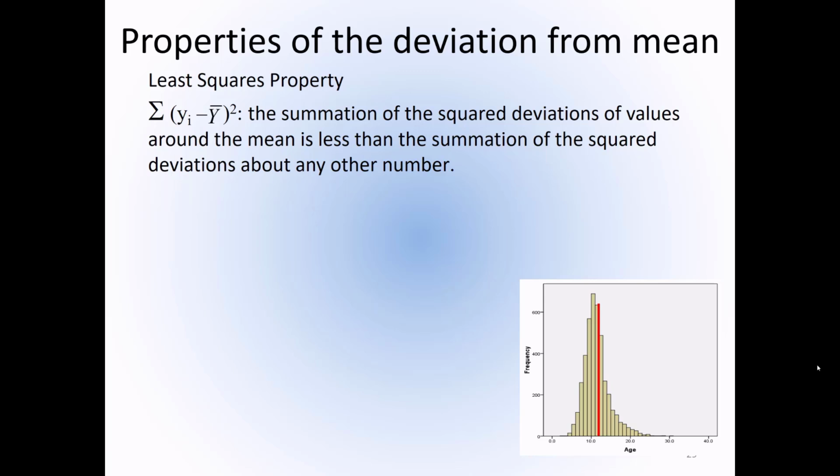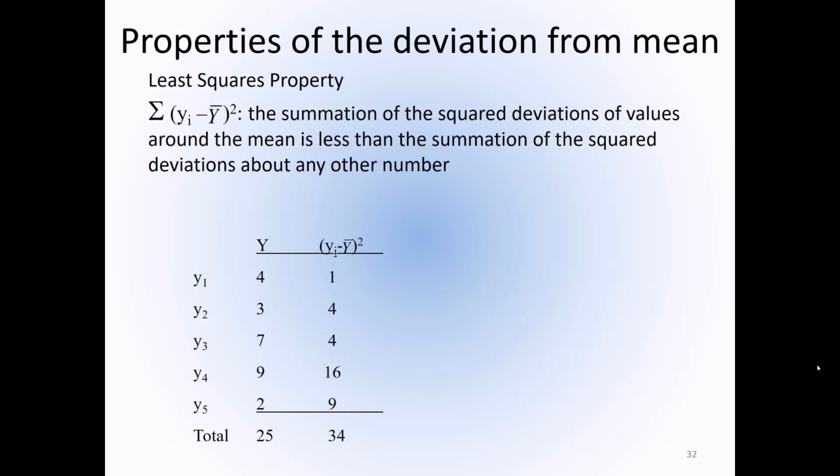The reason is that if we take the sum of squares using any value besides the mean, it's going to cause our estimation of dispersion to be larger. If we were to make this value higher or lower, we would notice that there are either more or fewer observations higher than or lower than this value. This in turn is going to artificially inflate our measure of dispersion and will make our estimate of how much variation we have in our sample inaccurate.